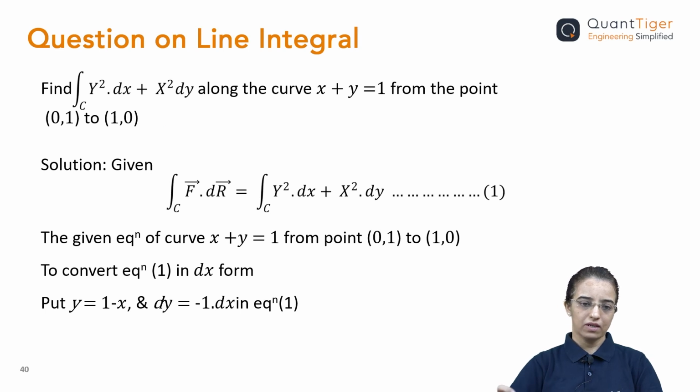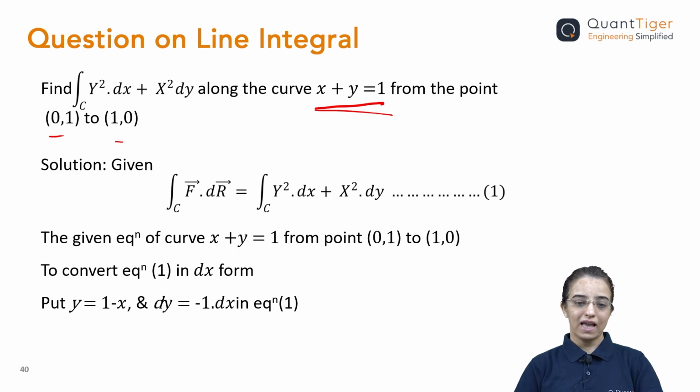Now let's start with a question on line integral. Find the integral of y square dx plus x square dy along the curve x plus y equals 1 from the point (0,1) to (1,0). So the starting point and end point have been given, and the equation of the curve is also given, x plus y equals 1, and we have to find the line integral.